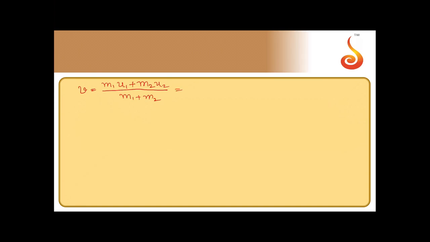So, that will be equal to 40 into 4 plus 60 into 2 divided by 40 plus 60. So, this will be 160 plus 120, that is 280 divided by 100, that is 2.8 meter per second.